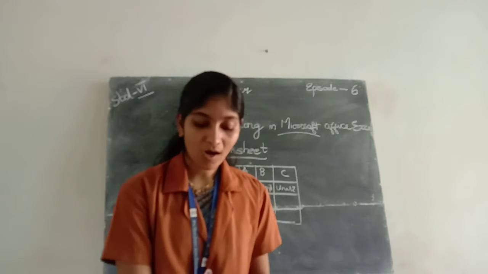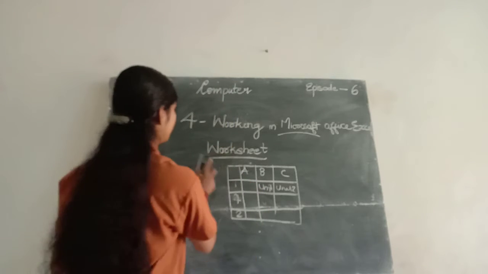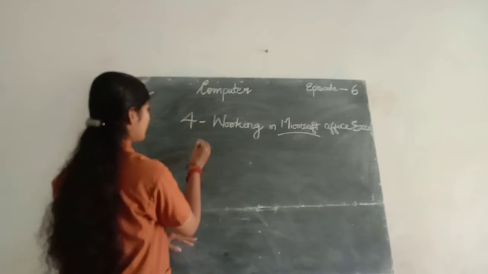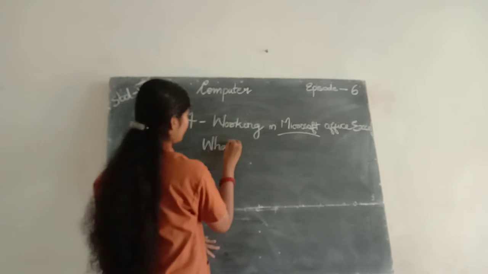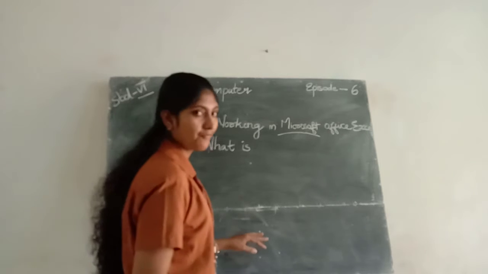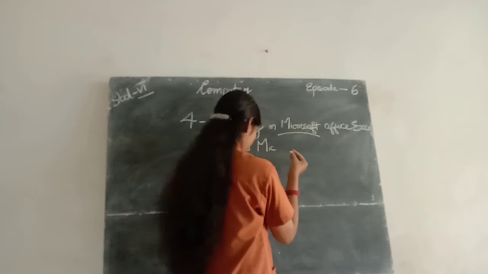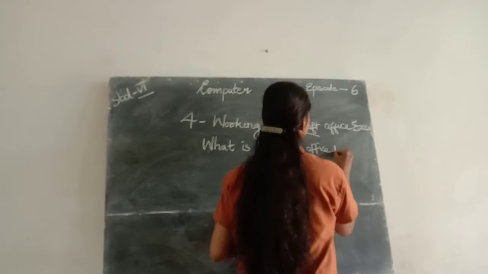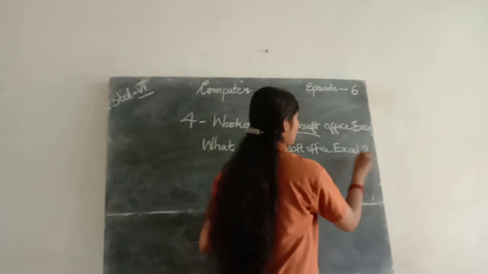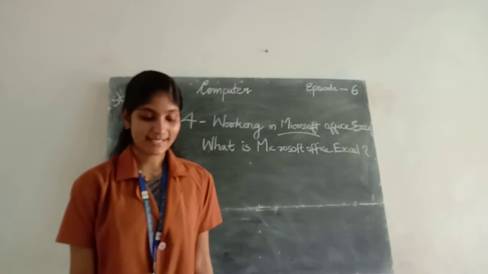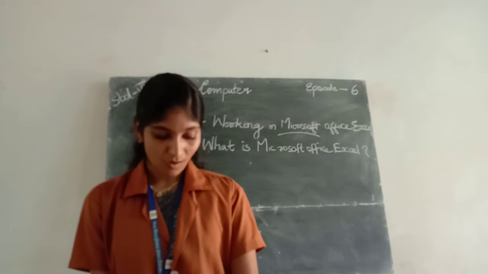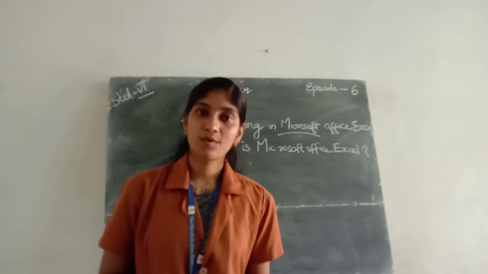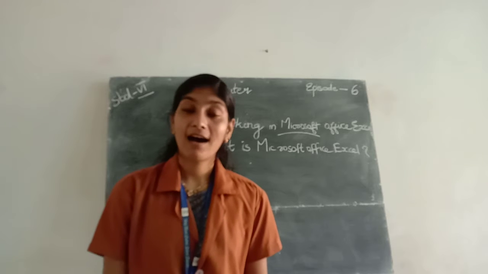Then the next topic is what is Microsoft Office Excel. We know Microsoft Office Excel 2007 is part of Microsoft Office Suite 2007, and it is developed by the company Microsoft, and this is used for calculating, manipulating and analyzing numbers.